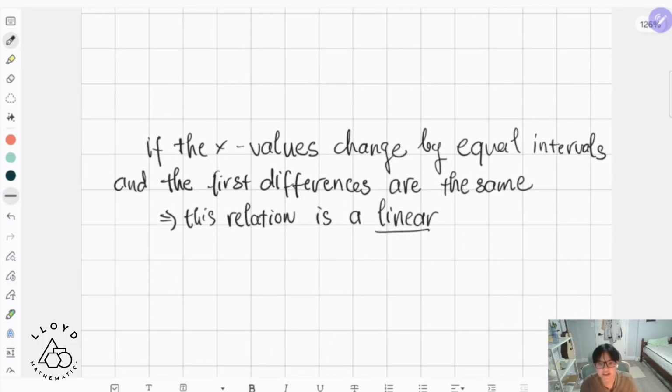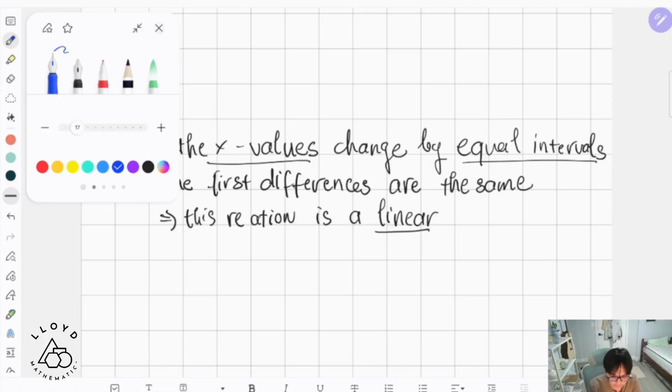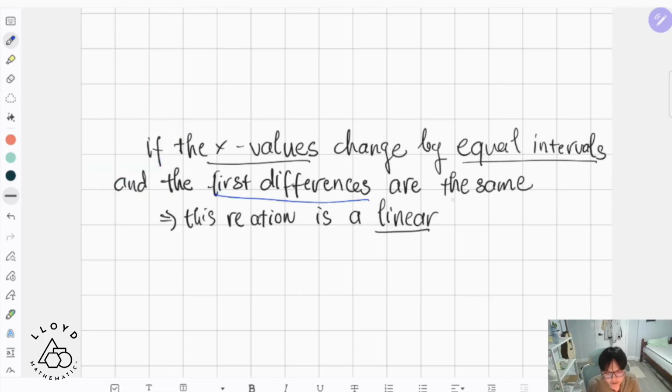And another caution is: if the x values change by equal intervals and the first differences are the same, then we can conclude that the relation is linear. Remember this, there are two clauses in here: the x values change by equal intervals, and the first differences are the same.